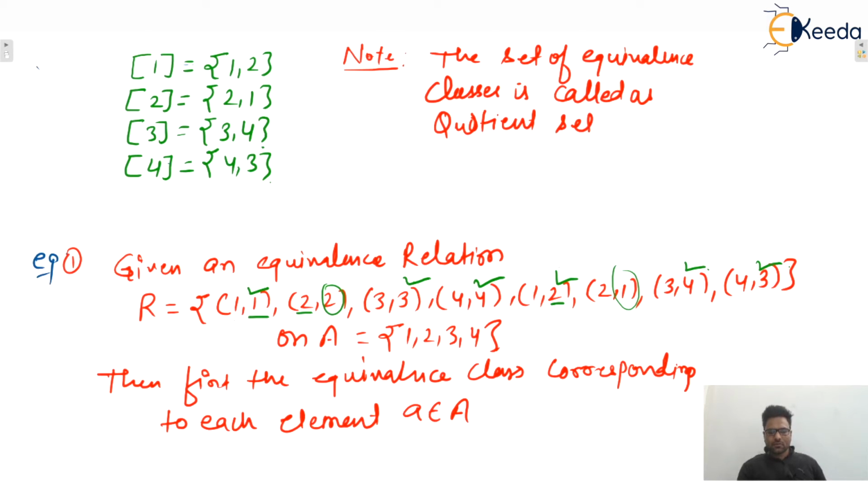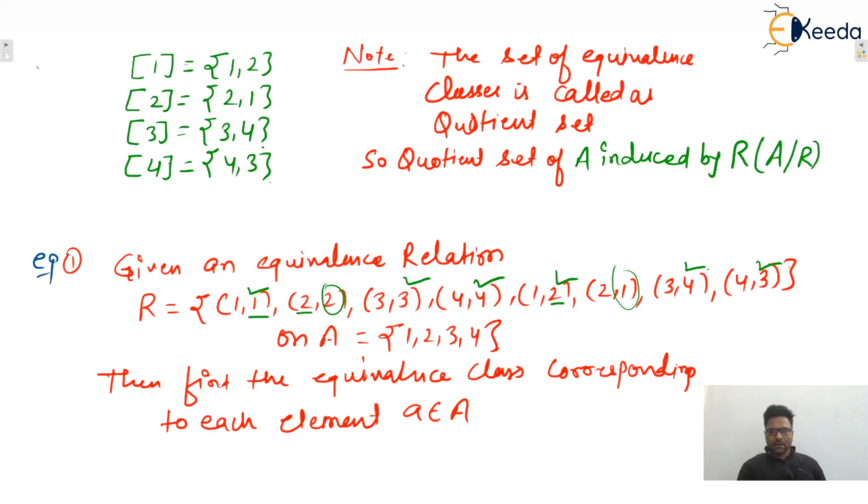So we can say that the quotient set of, let's say, set A induced by an equivalence relation is represented with A by R.